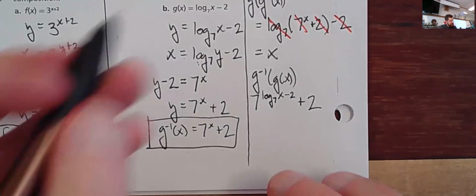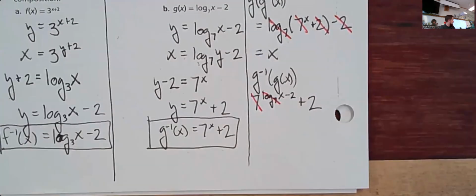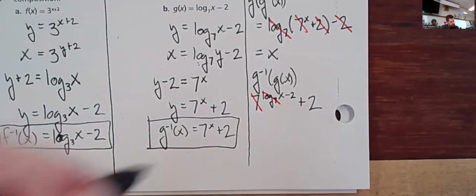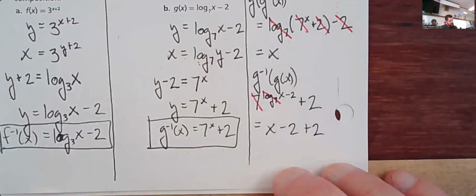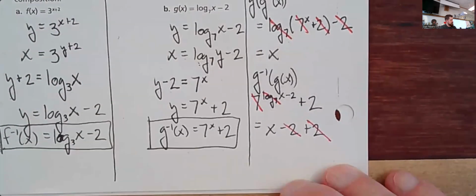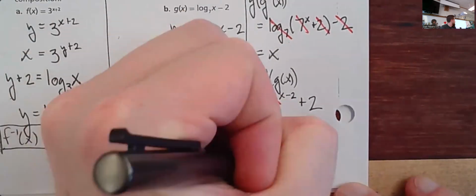Base 7, log base 7, inverses, they cancel out. We're left with x minus 2 plus 2. Negative 2 and 2 cancel out. Reduces to x.